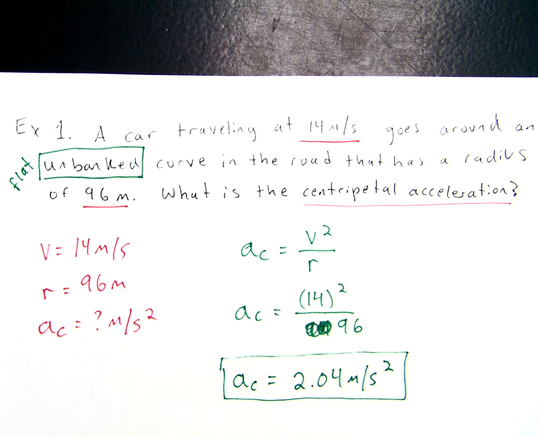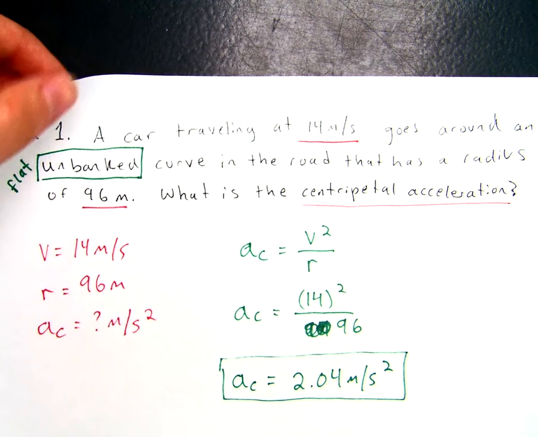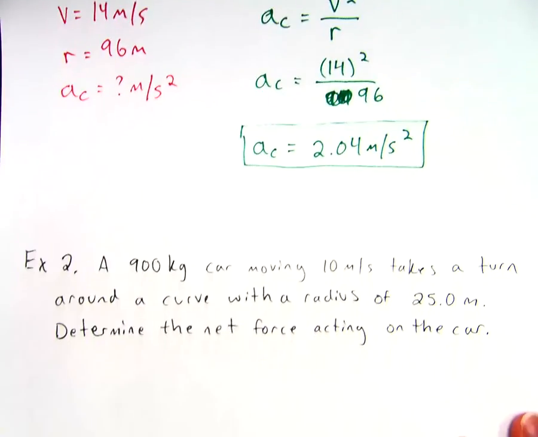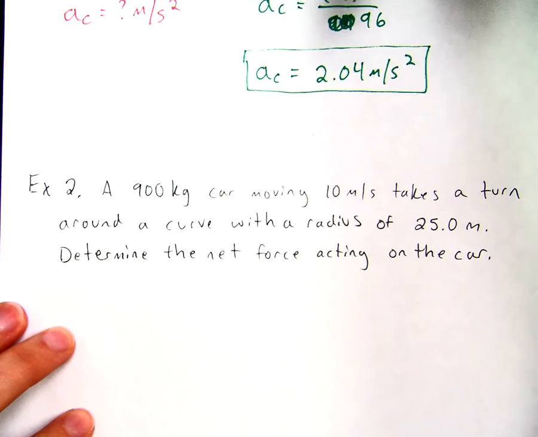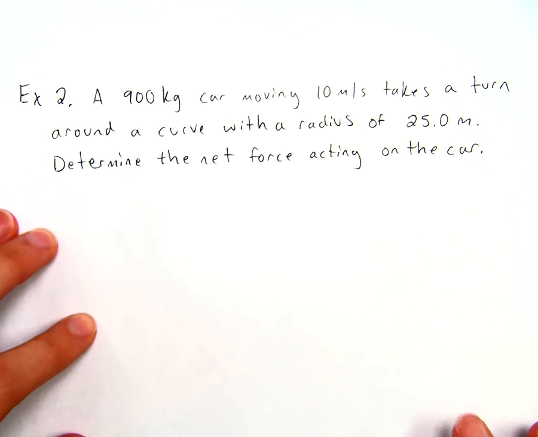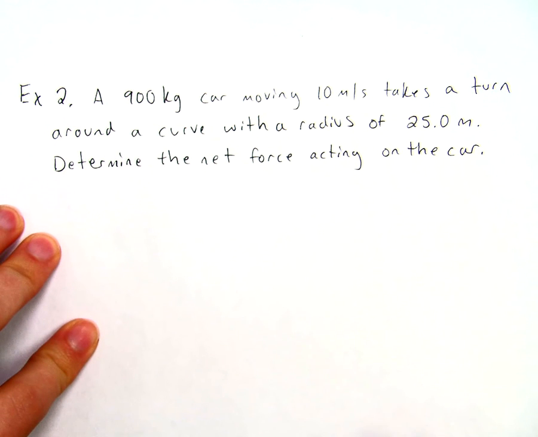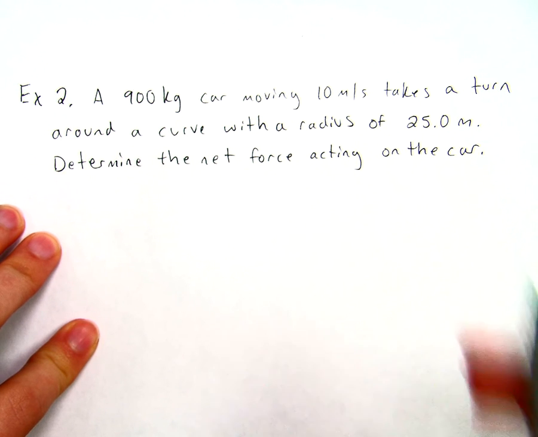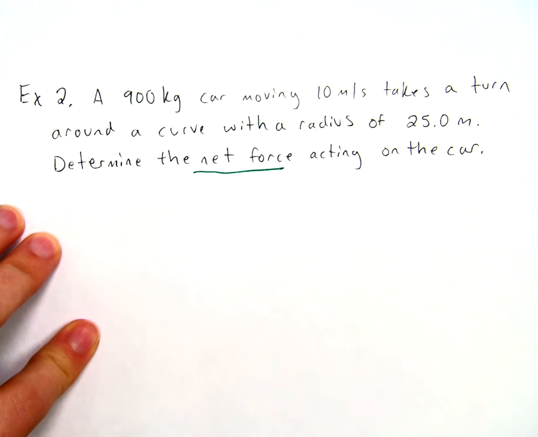That's as easy as these problems get, so we're going to take it up one step. In this problem, we still have a car. It's a 900 kilogram car moving 10 meters per second. It's taking a turn around a curve with a radius of 25 meters. This problem is asking us to determine the net force acting on the car.